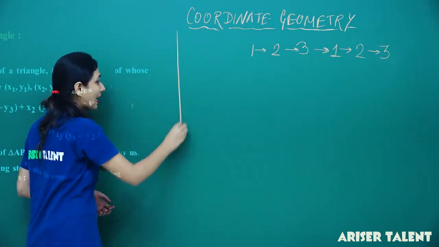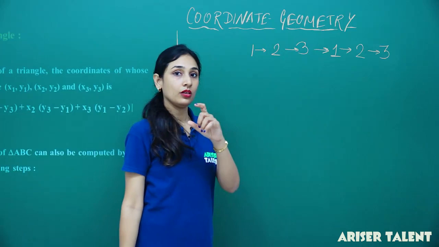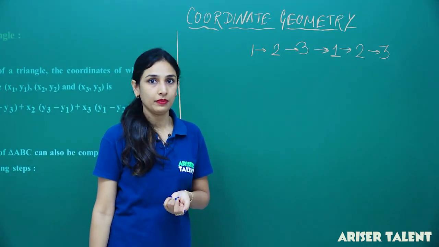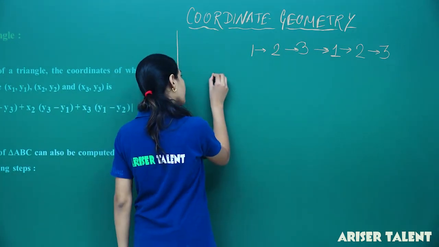So if I have to write the formula, what will I do? The formula of the area of a triangle starts from half into base into height. So I'll pick that half from there.